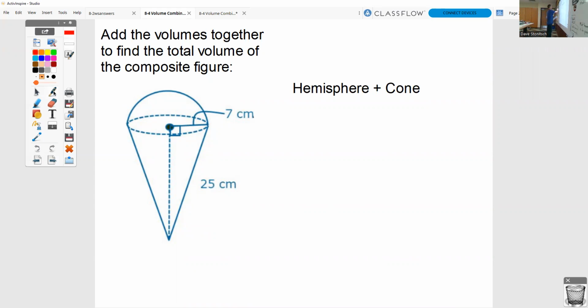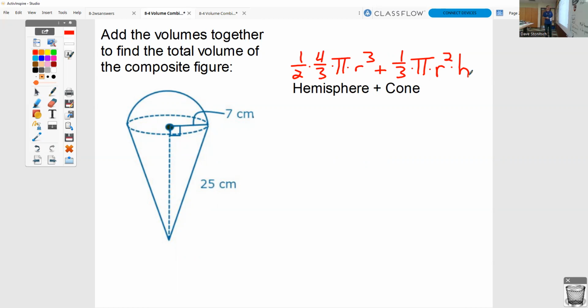So in this picture, we have a hemisphere. Formula for a hemisphere is 1/2 times 4/3 times pi times the radius cubed. Plus, we have the cone. The cone is 1/3 times pi times the radius squared times the height. So we have 8 different things that we have here.